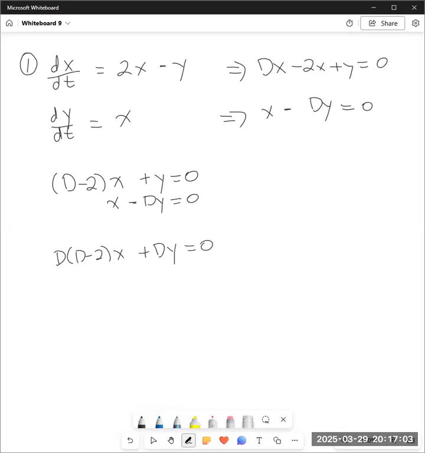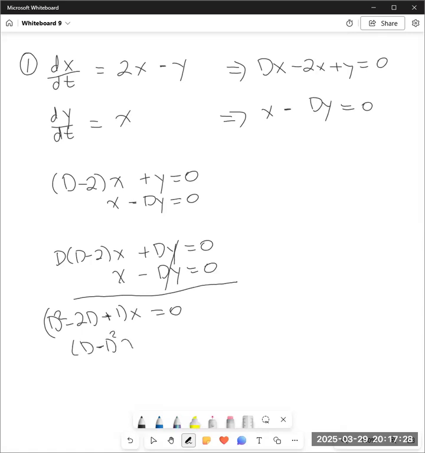The derivative of 0 is still 0. Leave the second equation alone, x minus Dy equals 0, and we'll eliminate Dy. Now we have D squared minus 2D plus 1, x equals 0. So that's (D minus 1) squared.